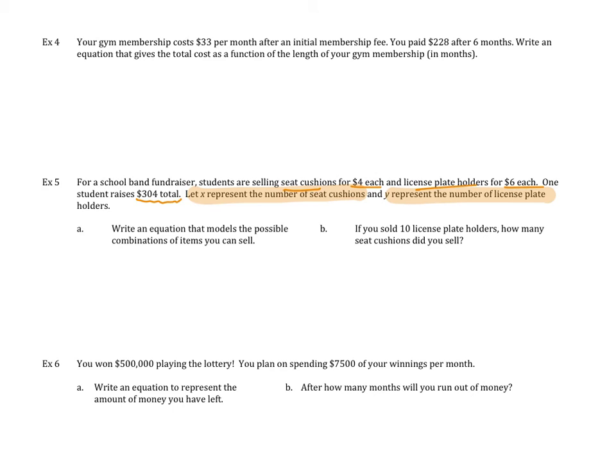So write an equation that models the possible combination of items you can sell. So how did this person get to $304?